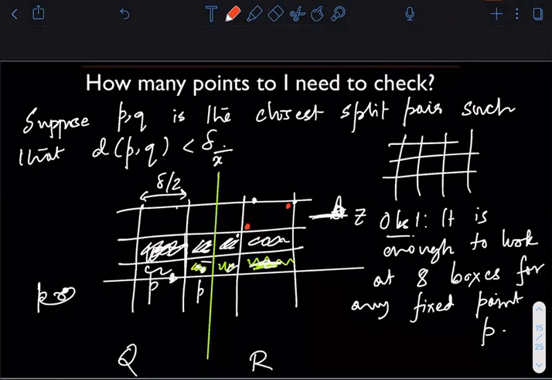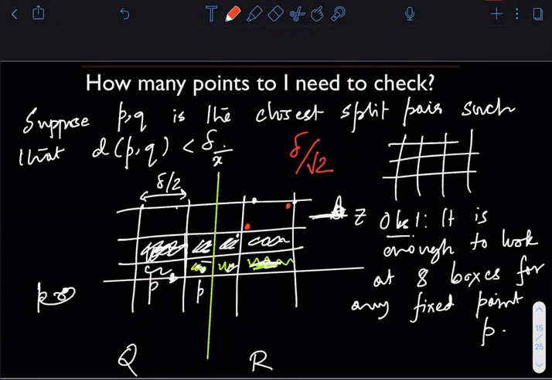The length of the diagonal of this square is delta over square root 2, which is less than delta. But I know that delta is the minimum of delta Q and delta R. So this is clearly a contradiction. Any 2 points which completely lie inside R cannot have a distance of delta over square root 2 between them, which means that 2 points cannot lie in this square.